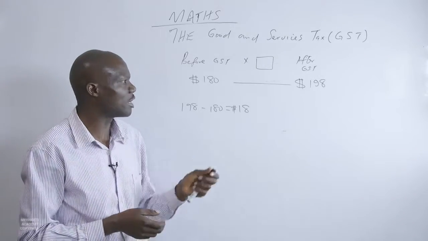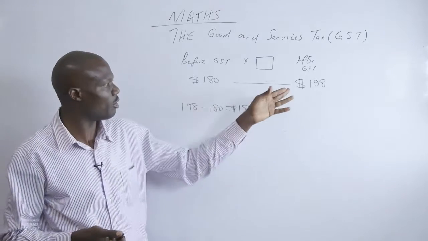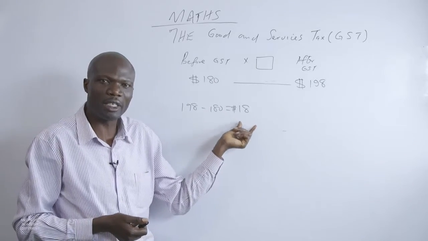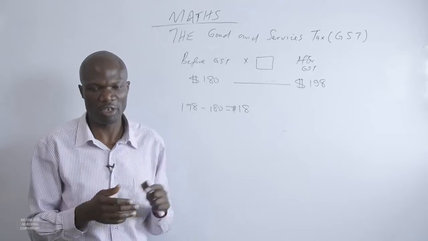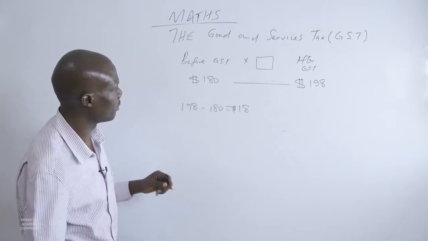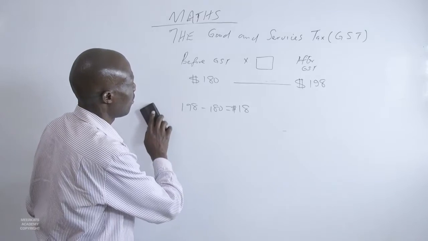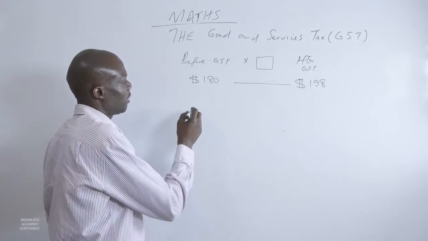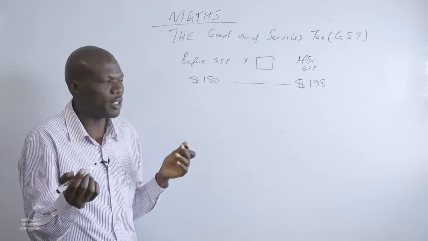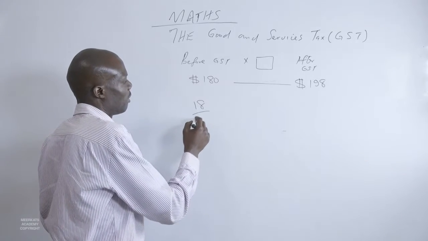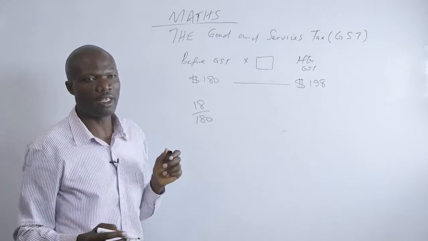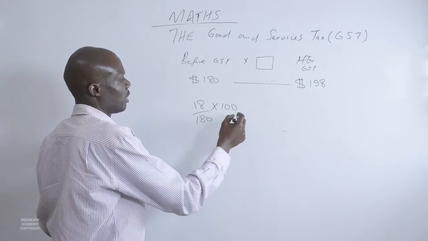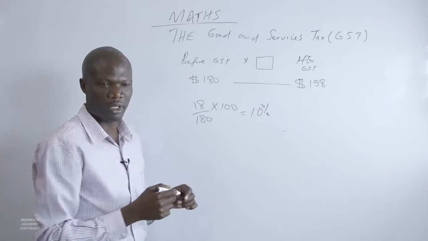For us to get this, we are supposed to find what percentage of the original $18 represents. We calculate it as 18 over 180 multiplied by 100. When you do that, this is equivalent to 10%.